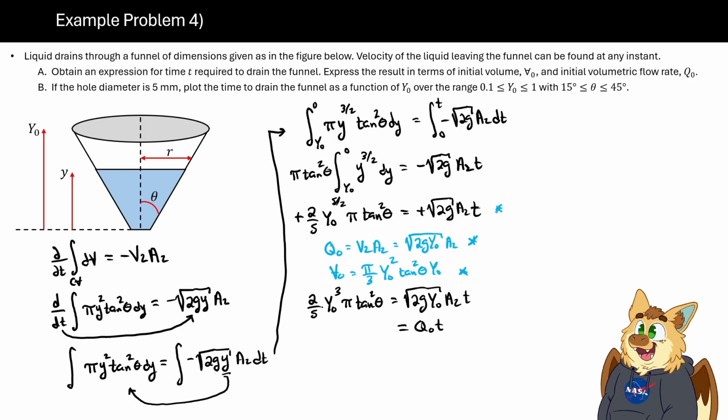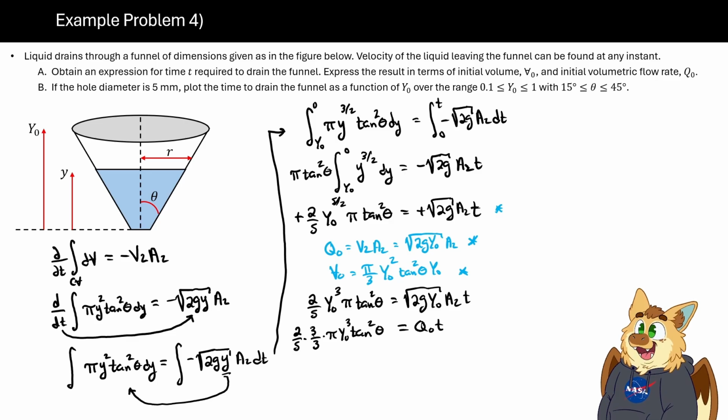And finally, we have to get out our initial volume from this, which we're pretty close. We have our y naught cubed. Technically, there's a y naught squared and a y naught here, so this should be y naught cubed. And we have our tan squared theta. We're just missing our 1 over 3. So what we can do is just do 2 over 5, and we're going to multiply by 3 over 3, which is just 1, times pi times y naught cubed times tangent squared theta.